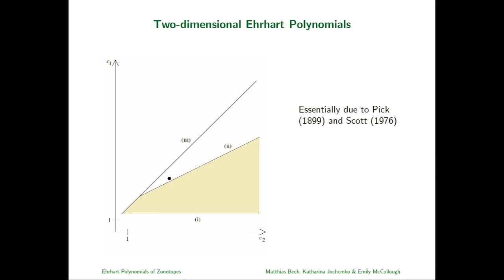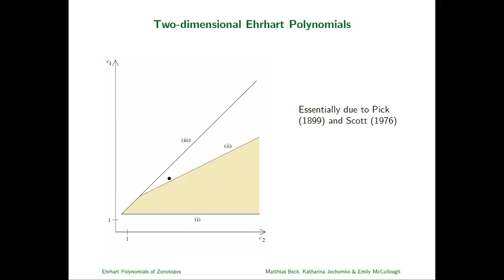What I really mean by this graph is that every half integral point gives you two coefficients that belong to an Ehrhart polynomial of a polygon. Does that make sense? Give me any point in here that has integer or half integer coordinates, and it belongs to a lattice polygon that has these two coefficients as the leading term and the constant term.